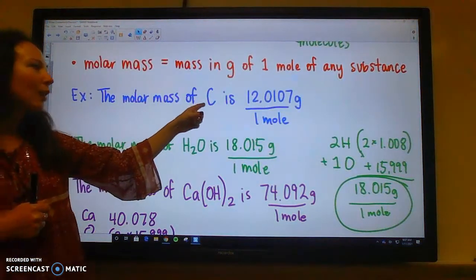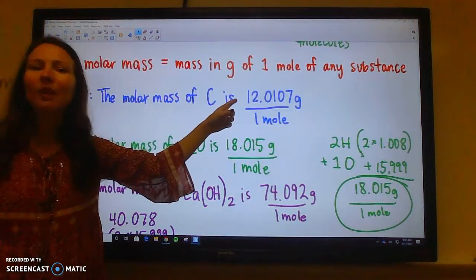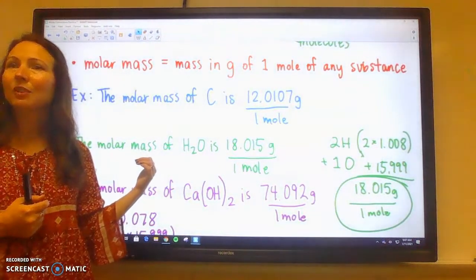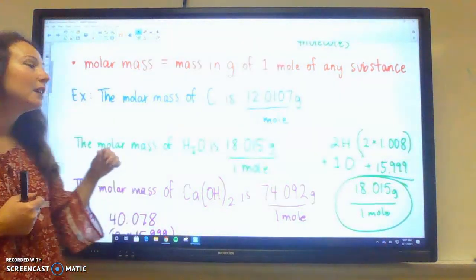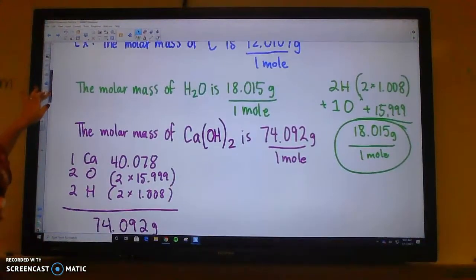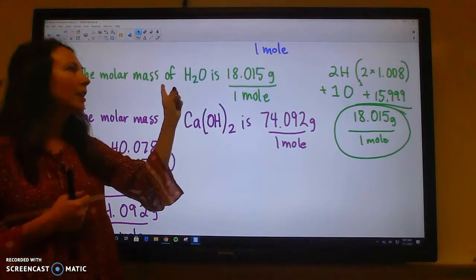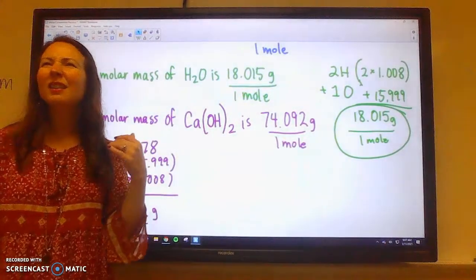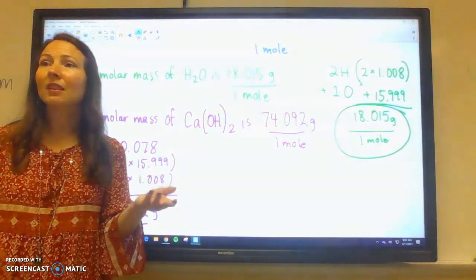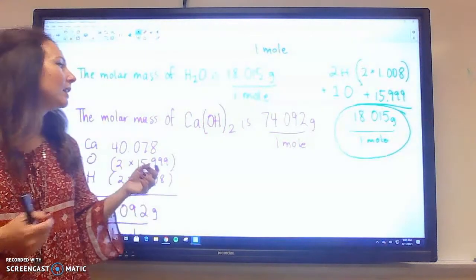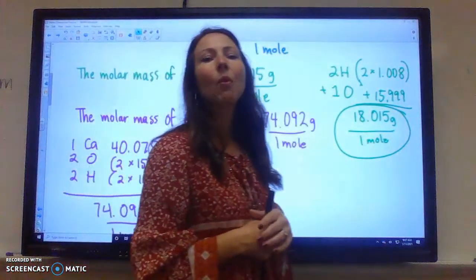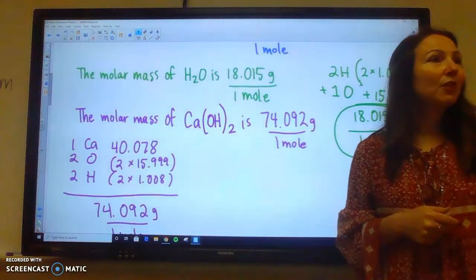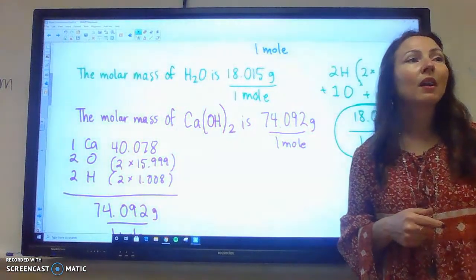So you would just use that in a conversion. If you just have one element, then you just find that one element on the periodic table. If it is a compound, which means you have more than one element, then you're going to have to add all of the components of that chemical formula together, for instance, water. Not to belittle anybody, but just in case y'all have forgotten, because it's been a minute: when you see more than one capital letter, that's your clue that you have more than one element.